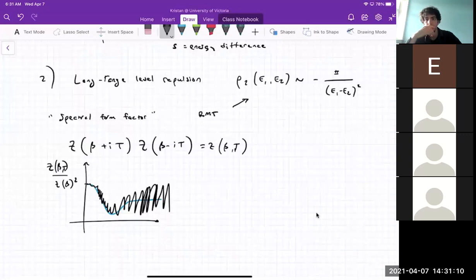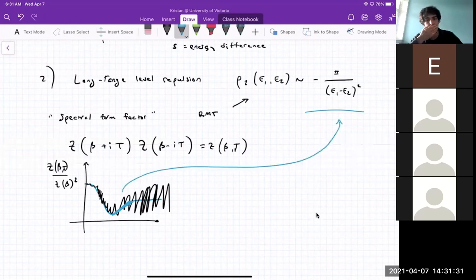The feature at hand, this long range eigenvalue repulsion, corresponds to this long section where there's approximately linear growth in the spectral form factor. That is encoded by this, and this thing is called, colloquially, the ramp in the spectral form factor.